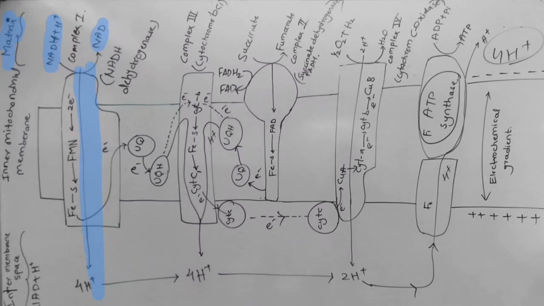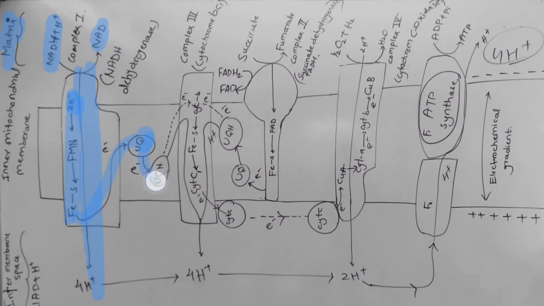Due to the release of the hydrogen ions or protons, some electrons are also evolved here. These electrons follow the pathway: first they enter the FMN unit, flavin mononucleotide, then FeS, and then they go to the ubiquinone, which we call UQ.